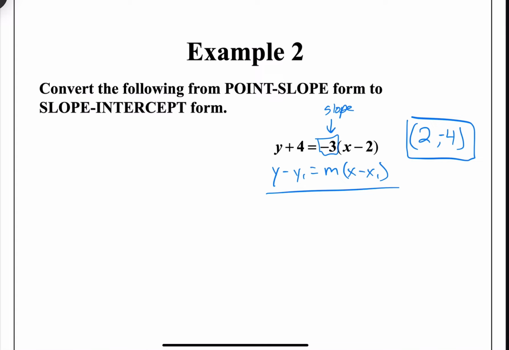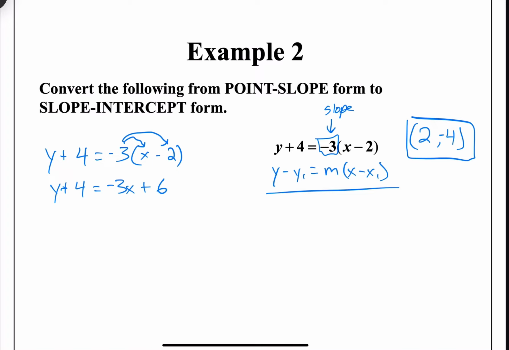What we really want to do is start from the beginning here, take this entire equation, and start converting it into slope-intercept form. The very first thing we have to do is notice we have a parentheses here, so we have to use our distributive property to distribute out that negative 3. So y plus 4 is equal to negative 3x plus 6, because we have a negative 3 times a negative 2 there.